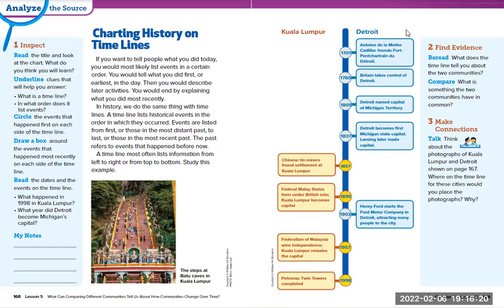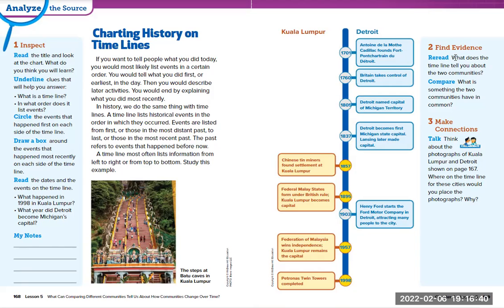So these are events. These are important things that happened for Detroit and important things that happened for Kuala Lumpur. And now in this photo on the bottom, we have the steps of the Batu Caves in Kuala Lumpur. You can see how many stairs there are all the way to the top to lead to the caves.